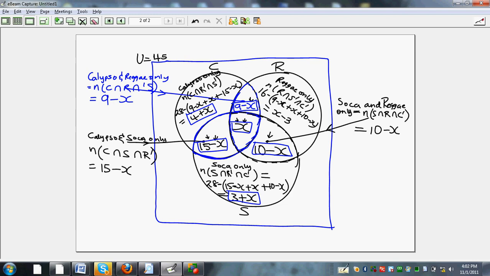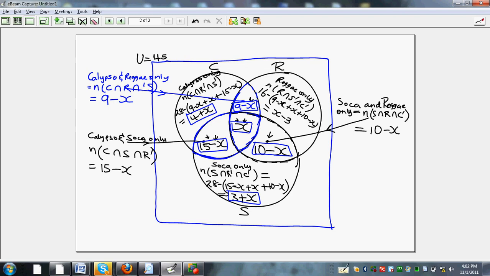They then said determine the value of x. How do we go about determining the value? Well, it is similar to 2, where we have to say 45 would be equal to all of the areas added up together, and then solve that resulting equation.